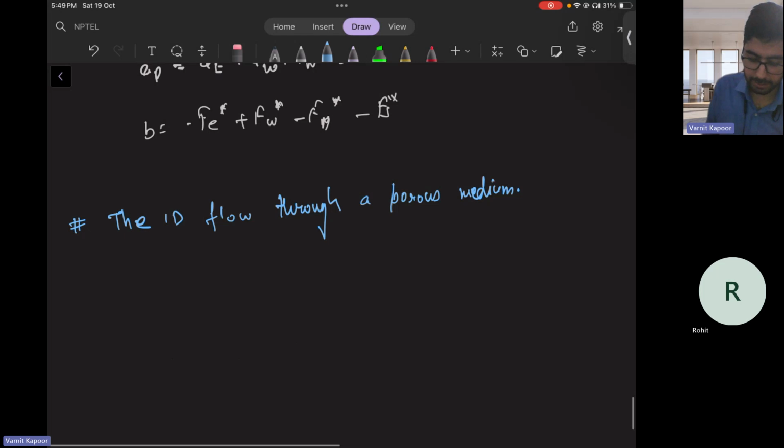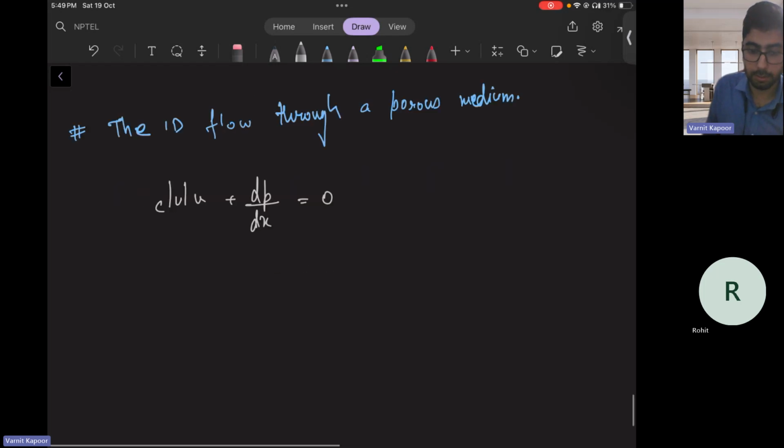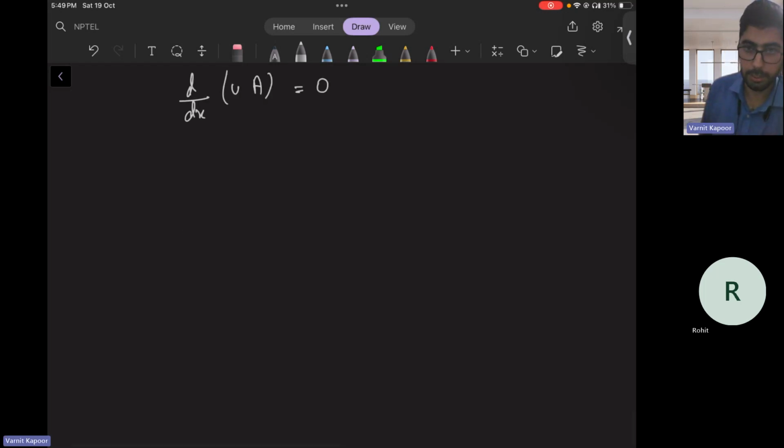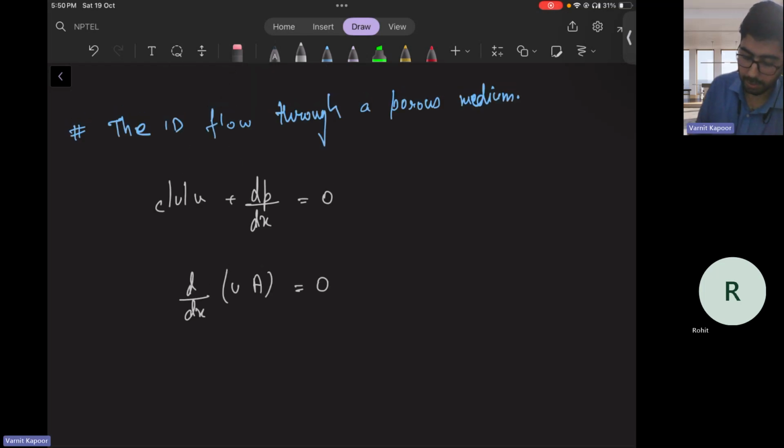The equation for that is given like this: C mod U plus dP by dx is equal to 0, and d by dx of UA is equal to 0. Then you have the cell system like this.